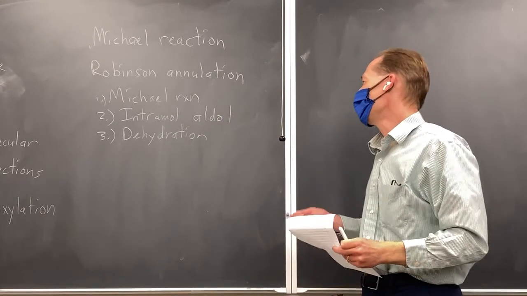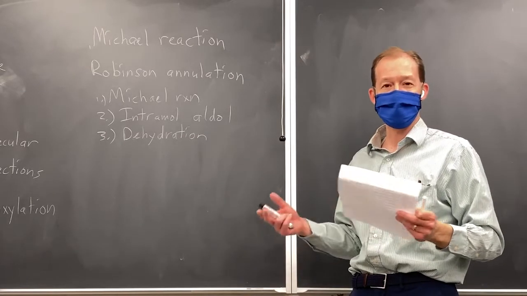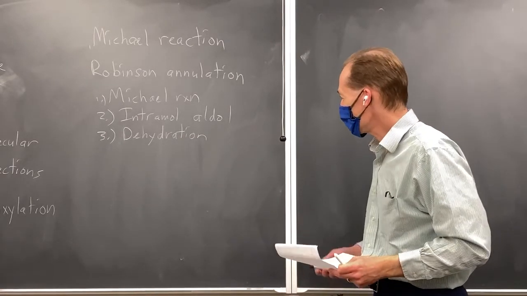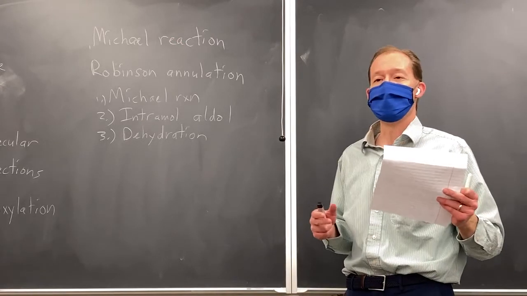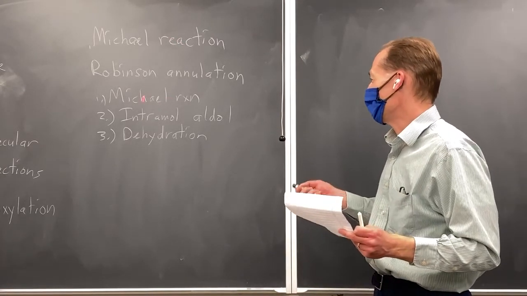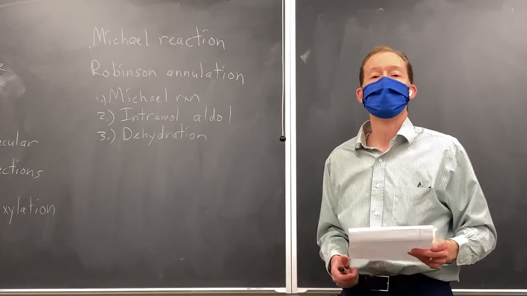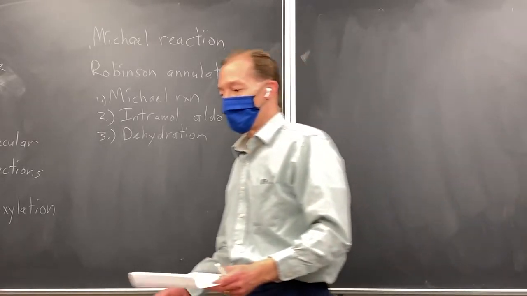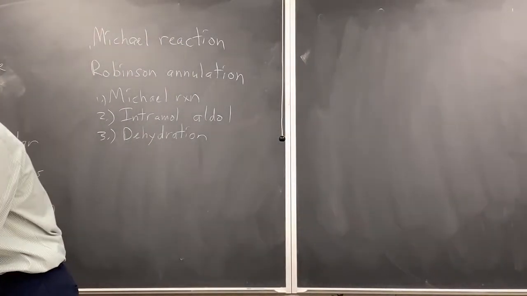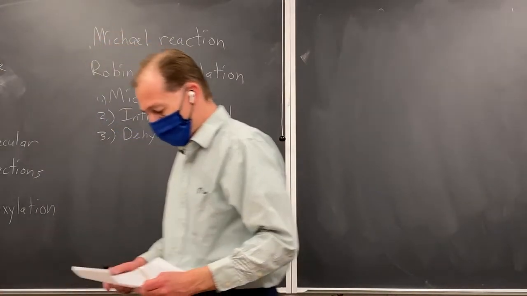And because we have the dehydration, we have to use heat when we're performing a Robinson annulation. So that's what would allow us to stop at the Michael reaction if we wanted to perform just a Michael reaction and not the whole Robinson: do it at room temperature. Okay? All right, so that finishes chapter 24.